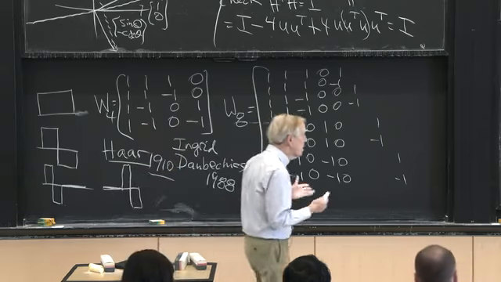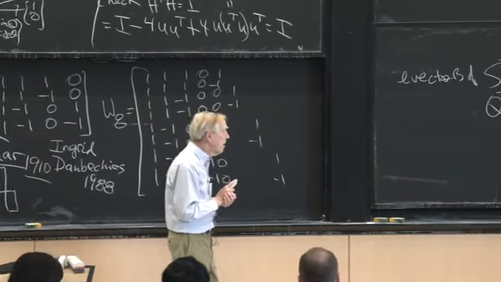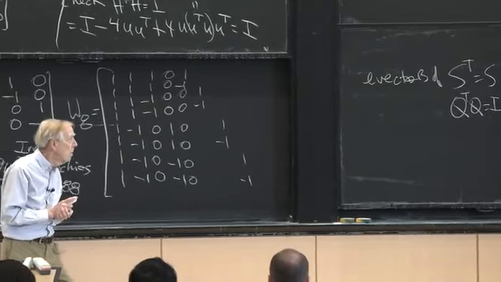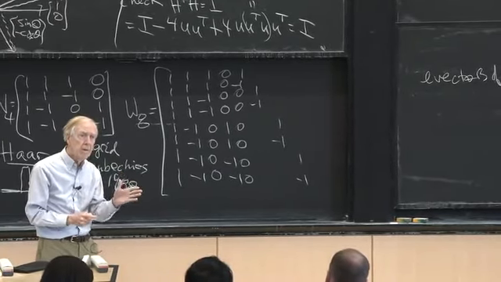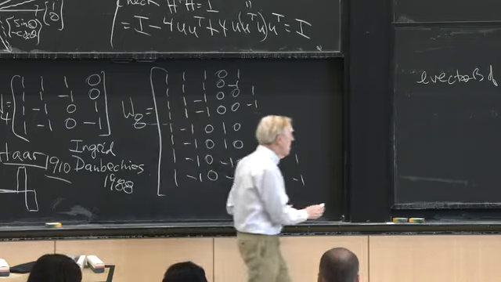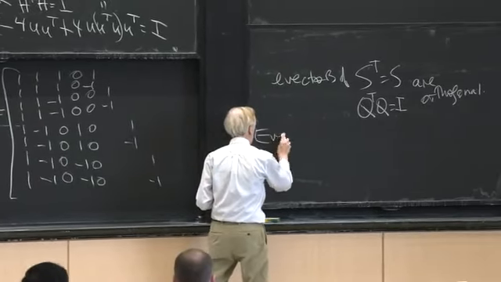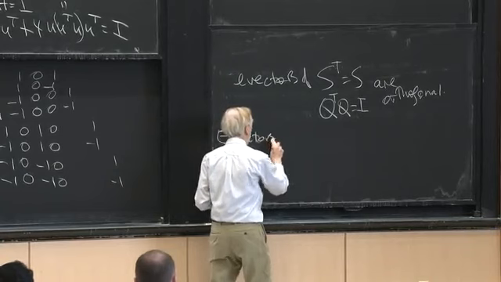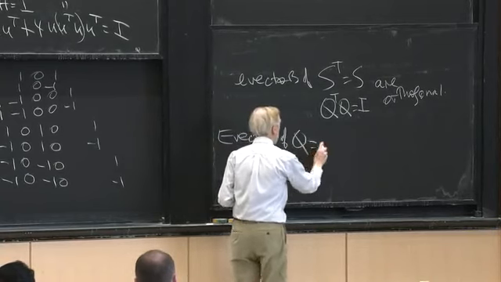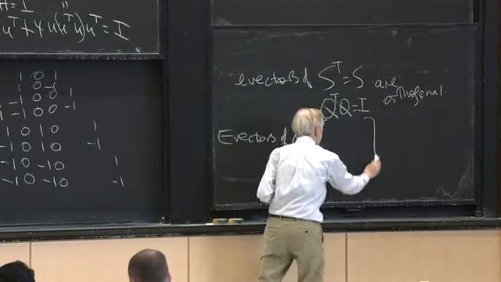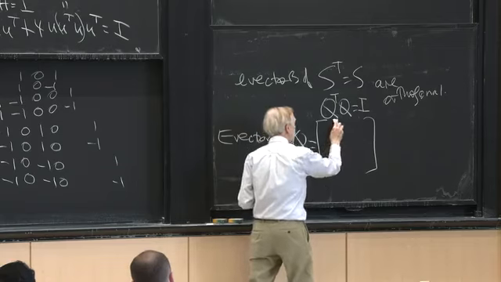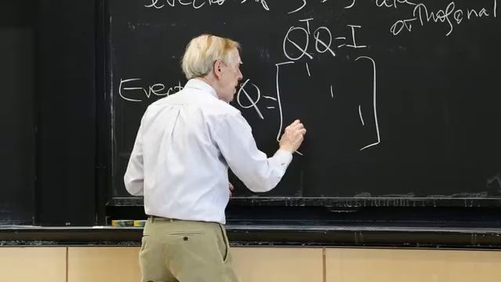So let me just tell you the right Q whose eigenvectors. So here we go. Eigenvectors of Q. You will just be amazed by how simple this matrix is. It's just that matrix.